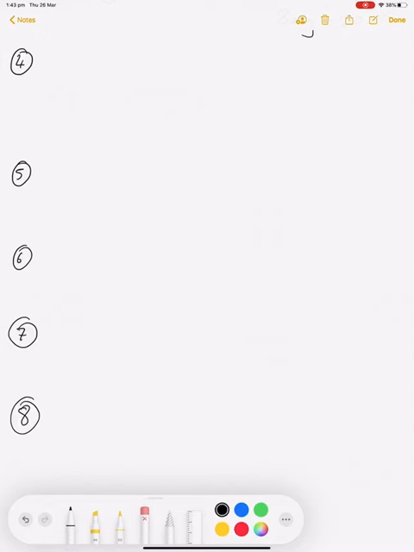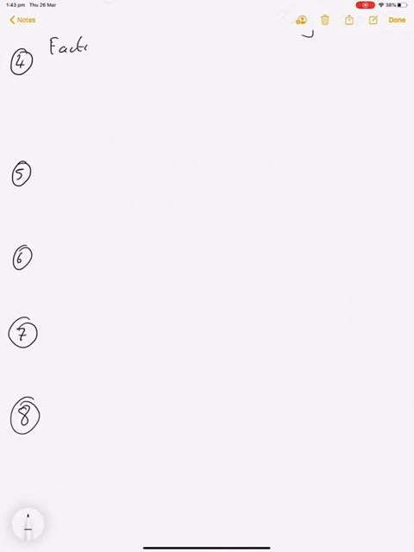This is a bit of a pain. Factorise the expression, and we refer to these as an expression because we have no equal sign.